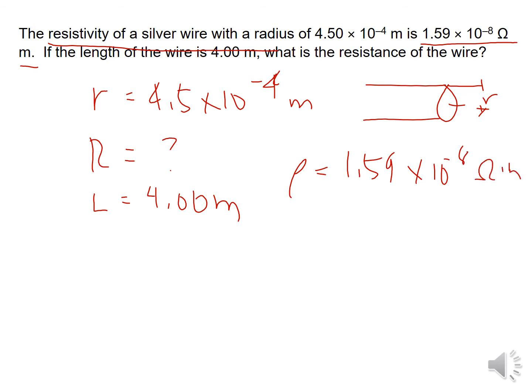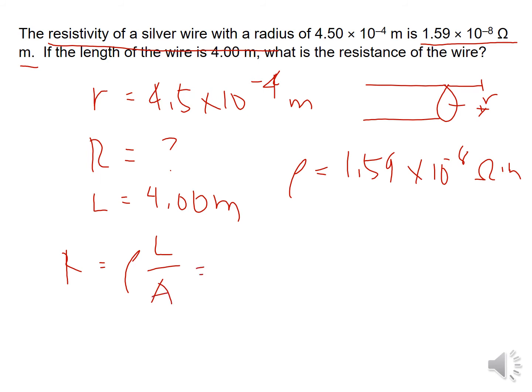If you're going to verify that for silver wire the resistivity is really 1.59 times 10 to the negative 8 ohm meter, we can check again in the table for resistivity. Again, we have the radius r, L is 4 meters, and resistivity is 1.59 times 10 to the negative 8 ohm meter. The question here is to find the resistance, and the formula is rho L over area.